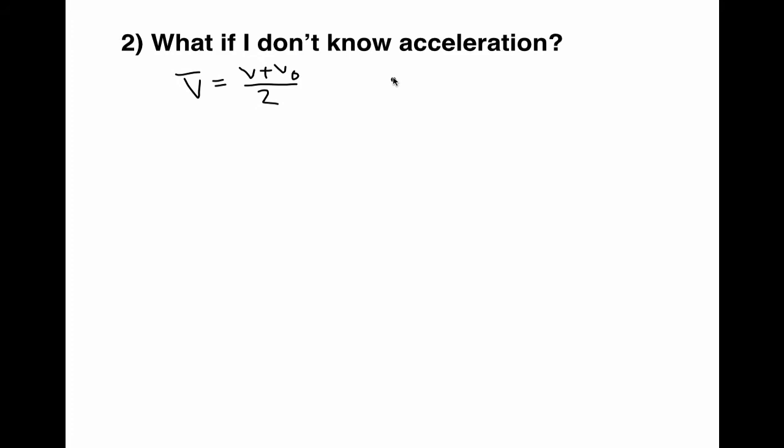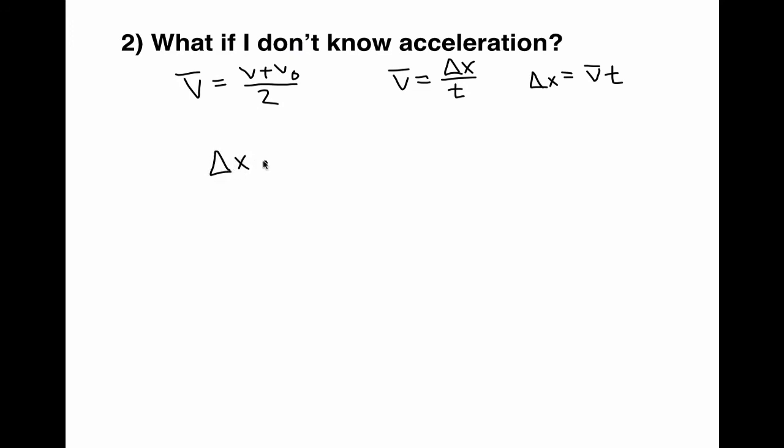Another basic definition is that my average velocity is also equal to my change in x divided by my time. And if I rearrange this equation in terms of x, my displacement is equal to my average velocity times time. Now what I can essentially do is take my mean, or my average velocity, and plug it into my displacement equation here.